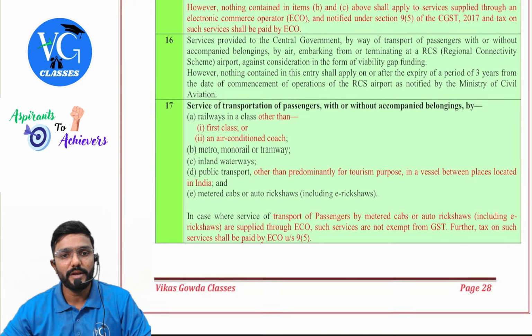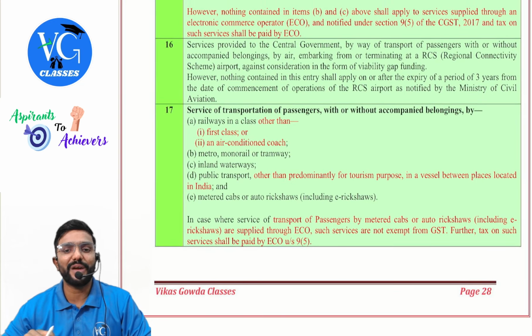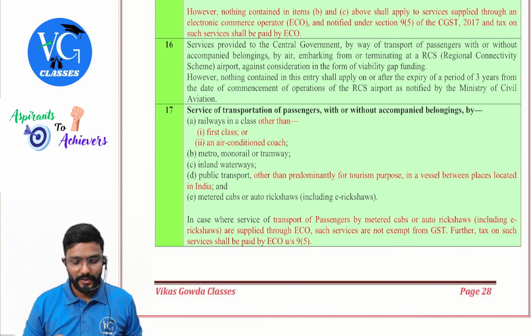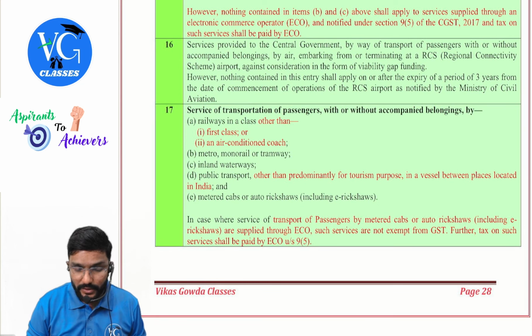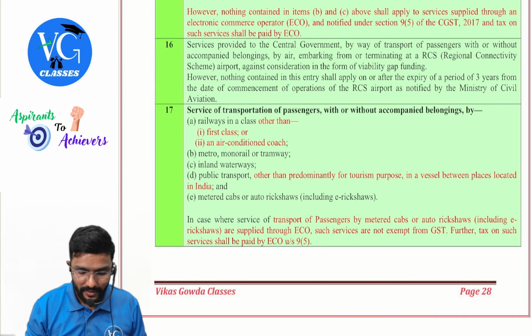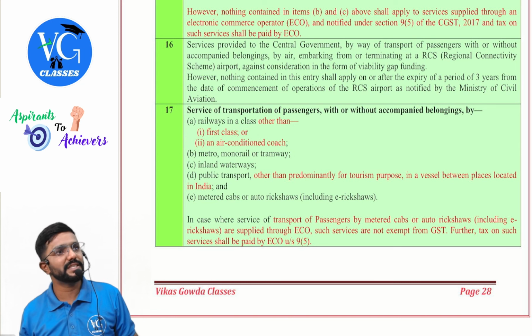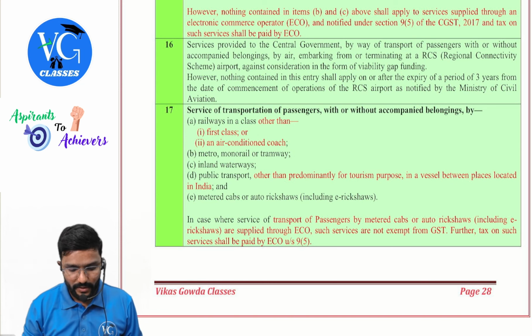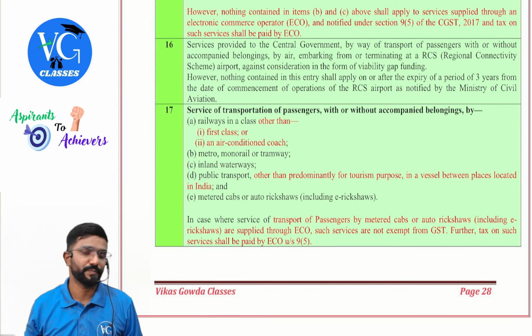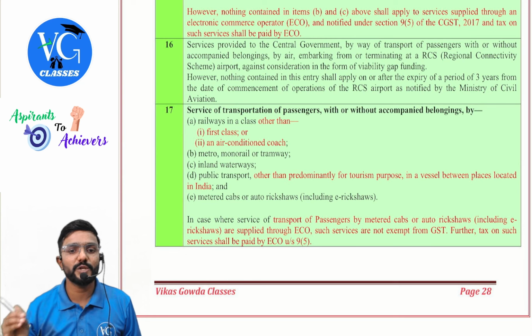Coming to the 17th one, services of transportation of passenger with or without accompanied belongings, without accompanied belongings meaning luggage, by railways in a class. Okay, railways exempt, but other than first class air condition. First class air condition, is it taxable? Yes. Next, metro, monorail, tramway, inland waterway, public transport, other than predominantly for tourism purpose, in a vessel between places located in India.